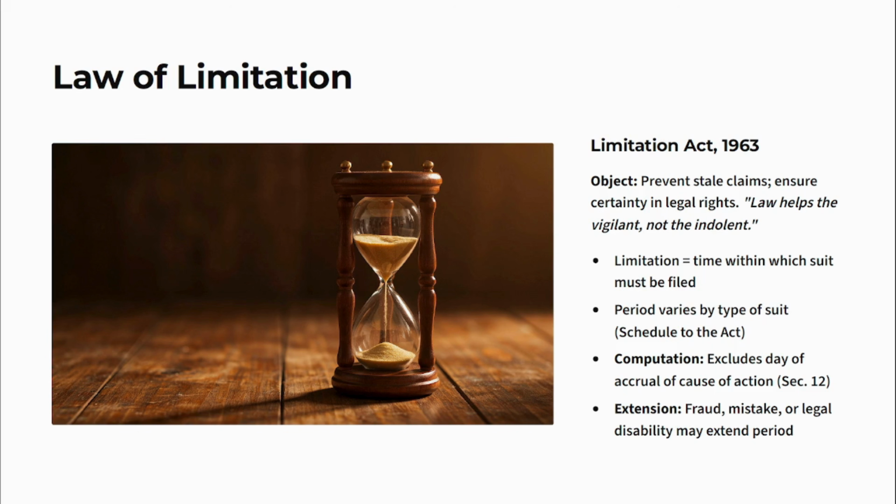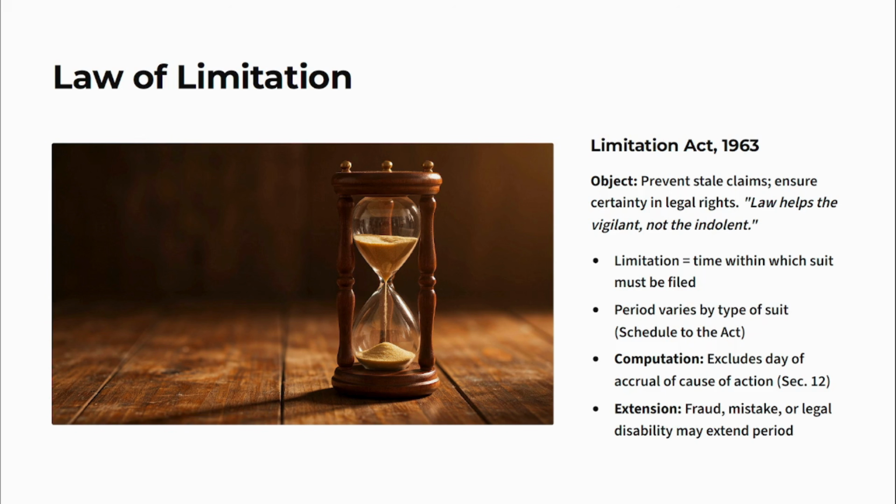In simple words, limitation is a time limit within which you must go to the court, or you lose your right to sue even if your claim is genuinely correct. The exact time limit is different for different types of cases, given in the schedule of the Act.